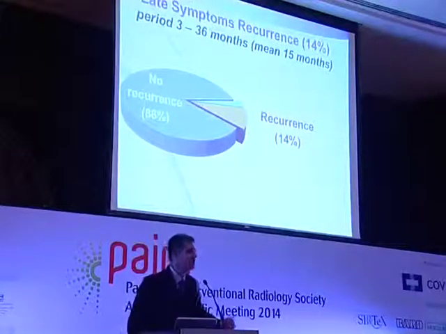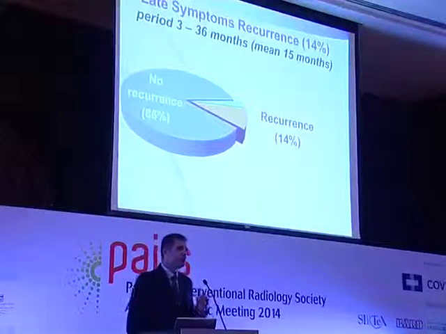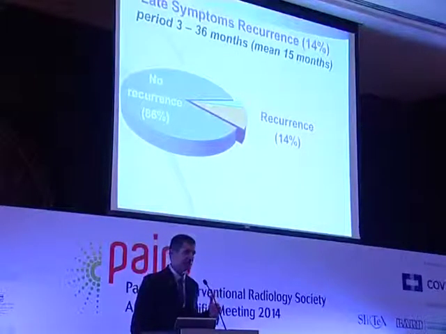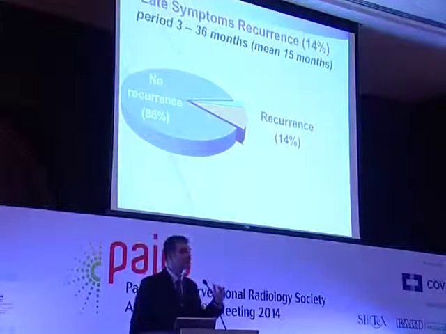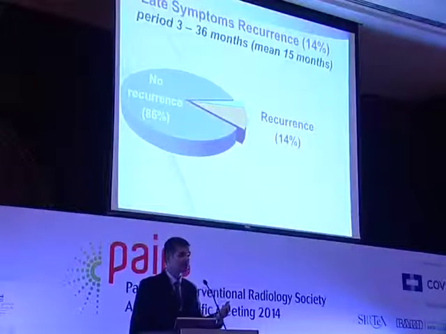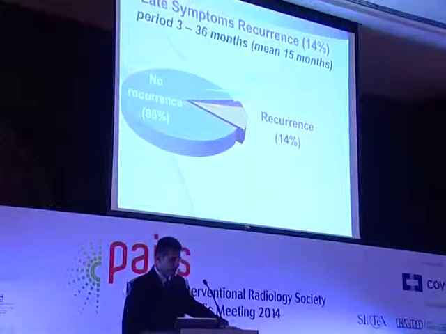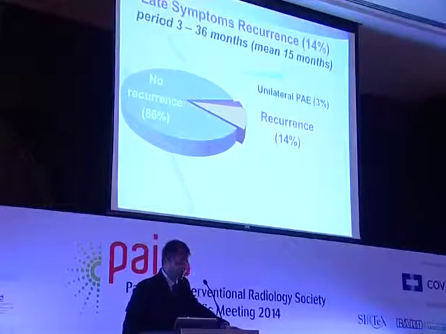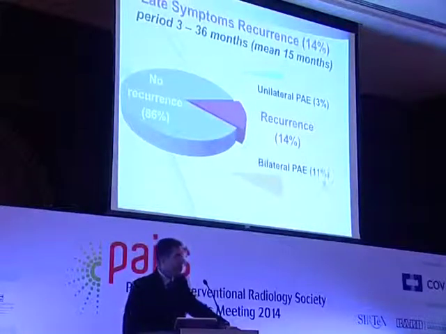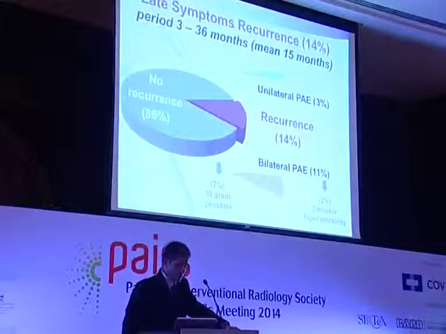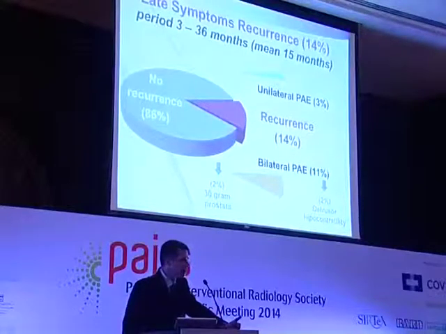Recurrence. What does recurrence mean? Recurrence means patients that were doing badly, got much better after treatment, but then started to get symptoms again. They were feeling worse than after treatment. So we called it recurrence, and we have observed 14% of recurrence. 3% of this recurrence was in patients with unilateral embolization, and 11% in patients with bilateral embolization.